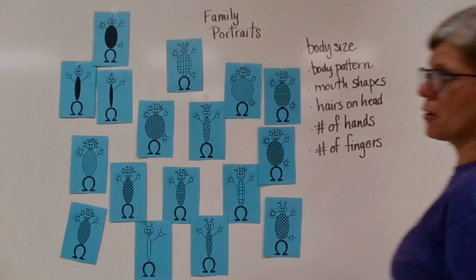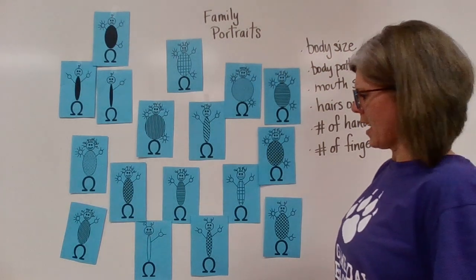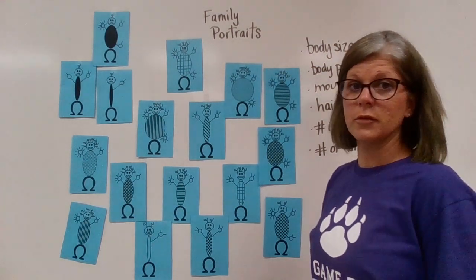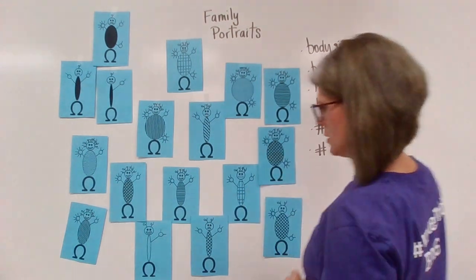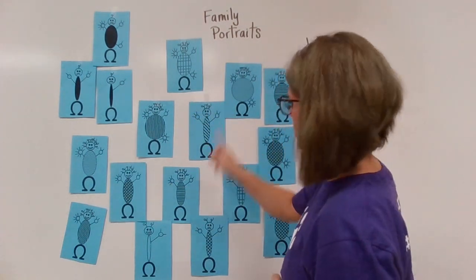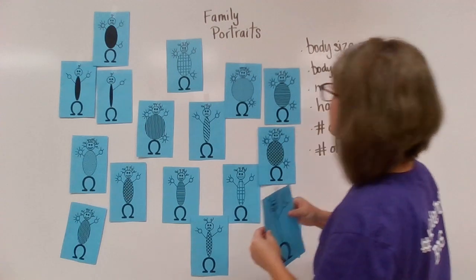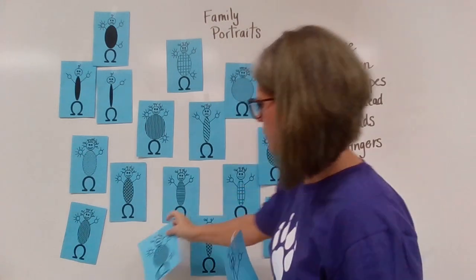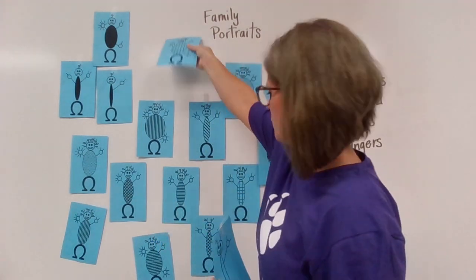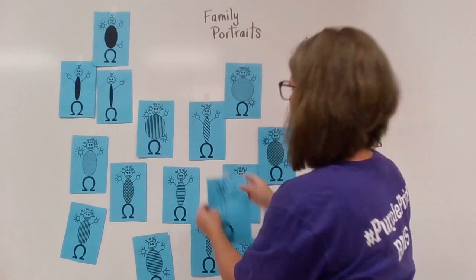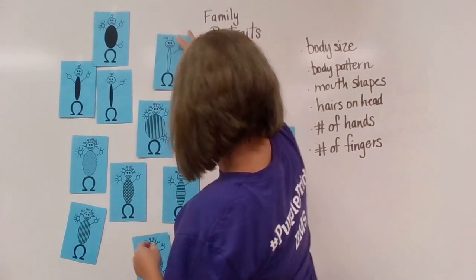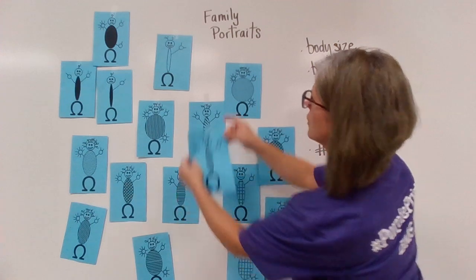If we do one hair there, let's look at our family members that have two hairs. So I see two hairs here. I'll start moving these over. I see there's two hairs here.